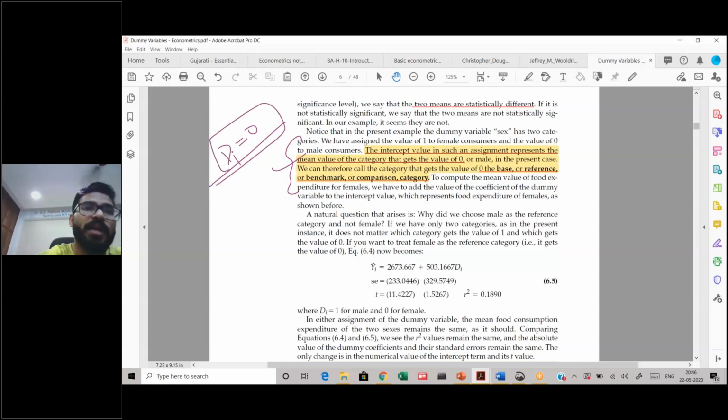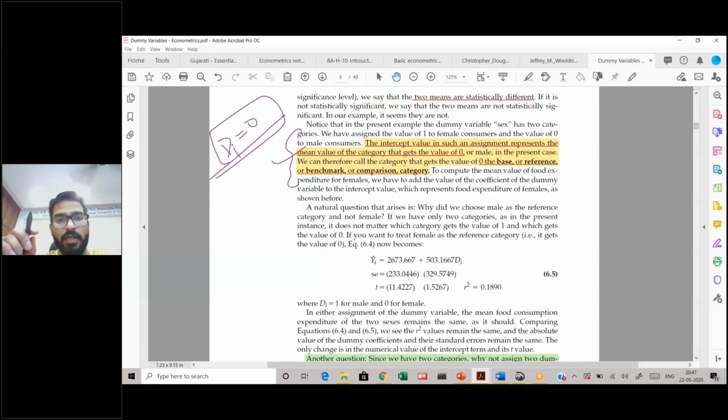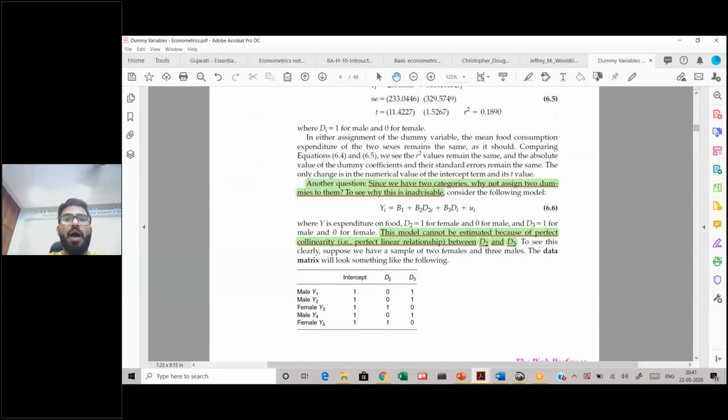That will be the base category. Please be very careful. I've seen time and again students making mistakes in this aspect, taking some base category and then finding different results. So please be careful regarding taking base values.